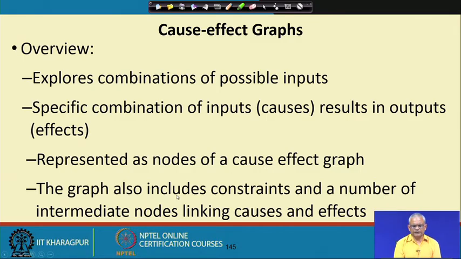In the graph, we can have constraints like and, or, etc., and also we can have intermediate nodes between the input and output, which will help us to simplify the graph.